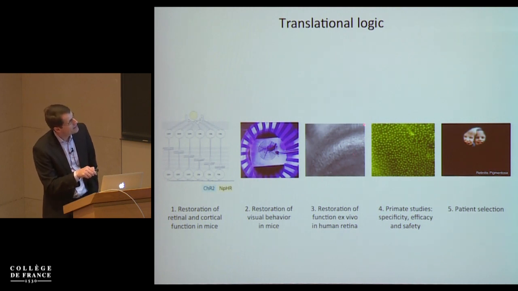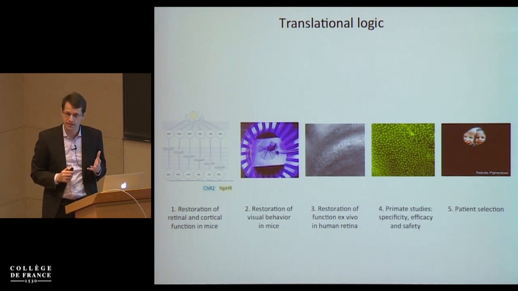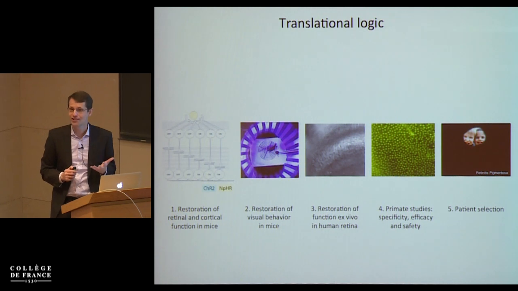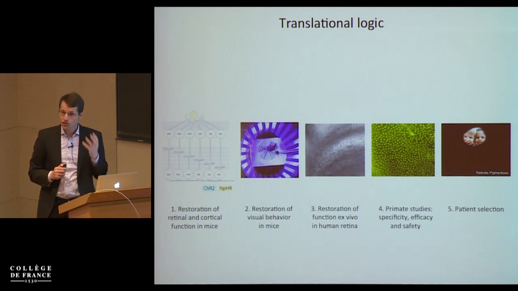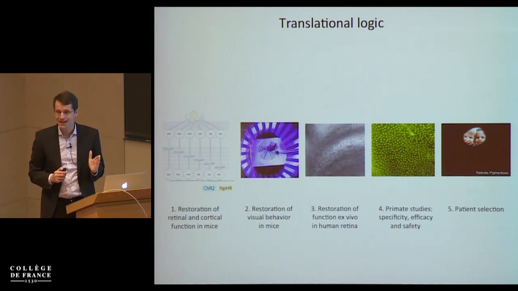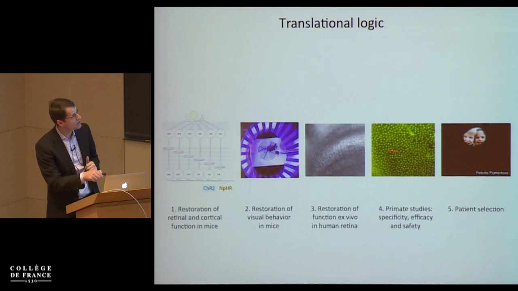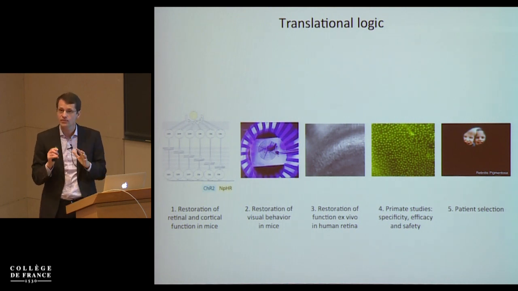They had the idea of taking post-mortem human retinas and culturing them in a dish. And it turns out you can culture them for quite a long time, and that gives a wonderful model for truly human retina.